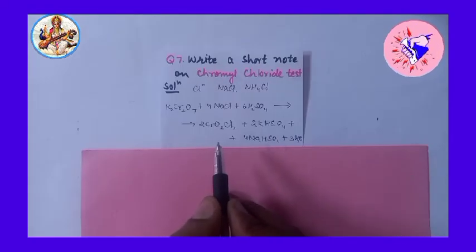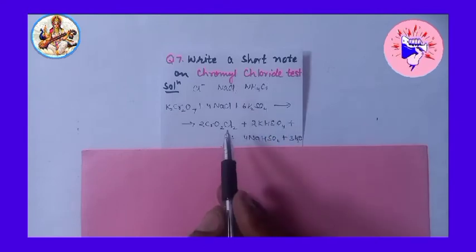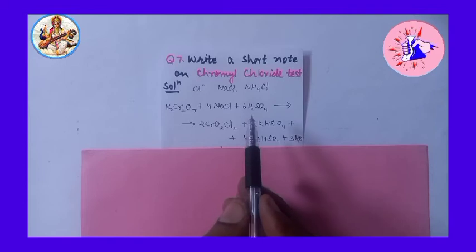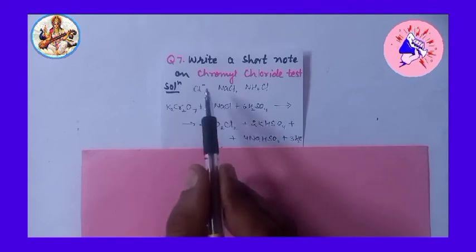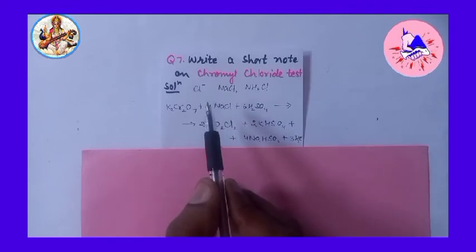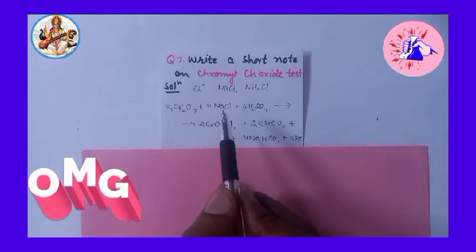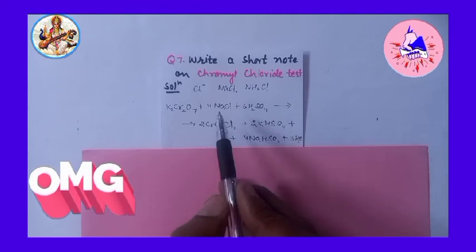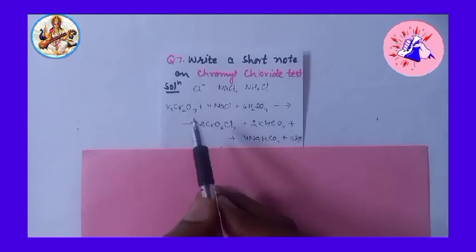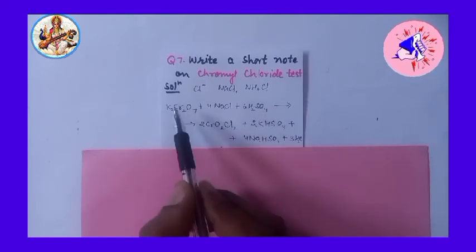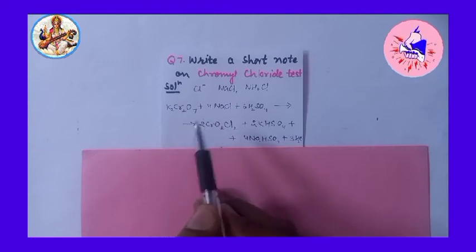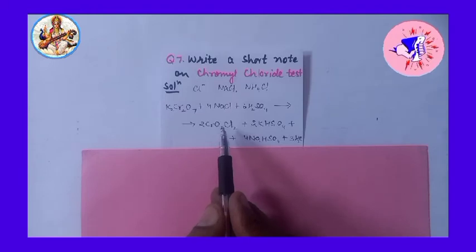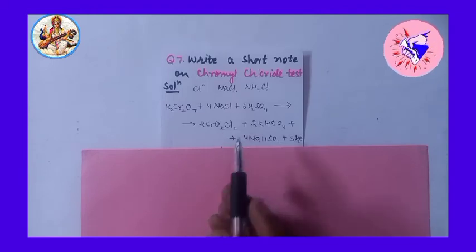So I repeat the main points of the chromyl chloride test. The chromyl chloride test is used to detect chloride ions in qualitative analysis. Point number two: if any chloride salt is heated with acidified potassium dichromate, it produces orange-red fumes of chromyl chloride.